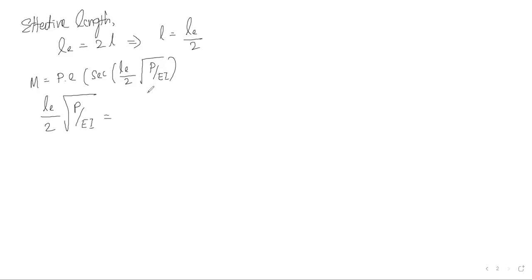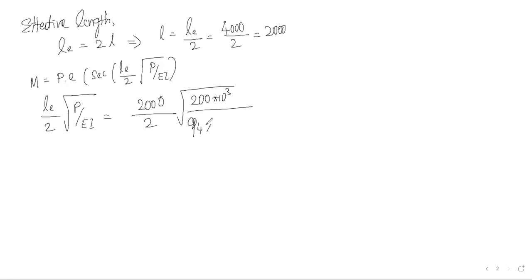So LE, they have given the total length as 4000 divided by 2, so it becomes 2000. So 2000 divided by 2 into root under P value, 200 into 10 cube, divided by EI. E value they have given as 94 into 10 cube, into I value we have calculated, 46.37 into 10 to the power 6.